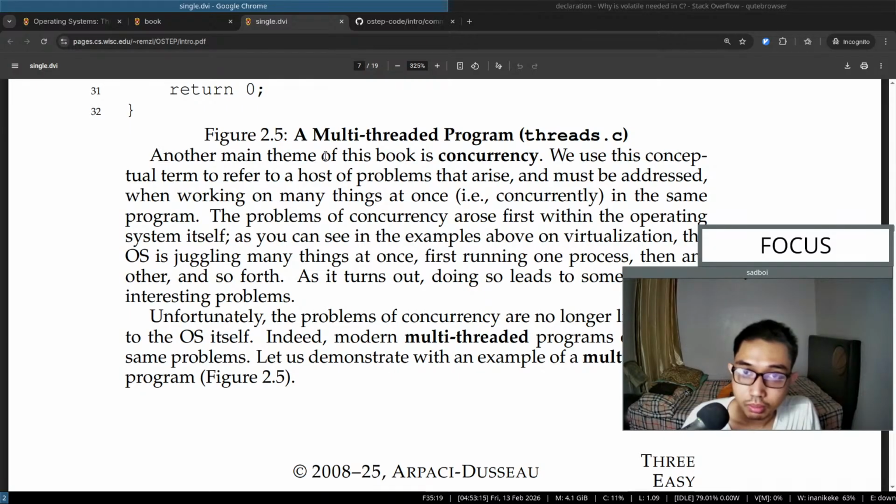Another main theme of this book is concurrency. Okay. We use this conceptual term to refer to a host of problems that arise and must be addressed when working on many things at once, concurrently, okay? In the same program.